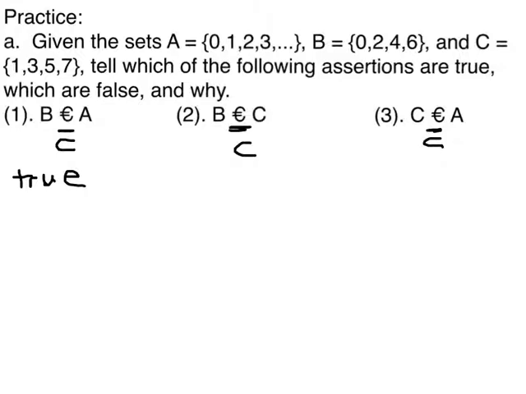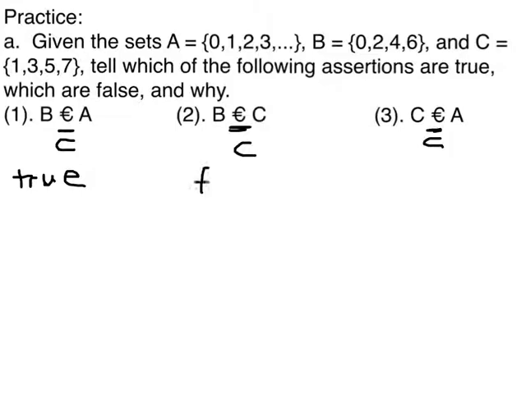Number 2, B is a subset of C. Well, C includes 1, 3, 5, and 7. Those are odd numbers. B only has 0, 2, 4, 6, the even numbers.